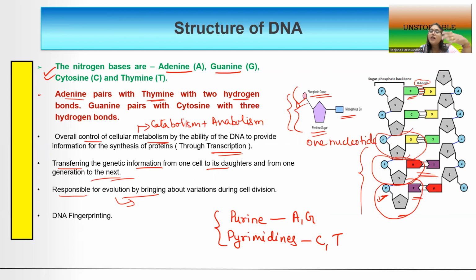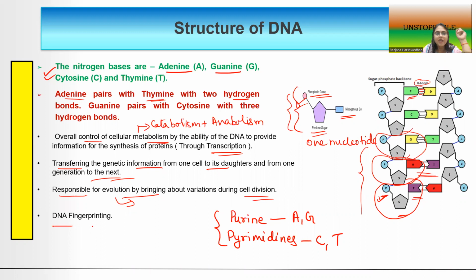It is the changes which you see between one generation and the next in an offspring, in a species or in a population. It is called evolution. So who is responsible for this? It is the DNA which is responsible for these changes in the characters between one generation and the next of a species or a population. That also is brought about by cell division with the help of the DNA. So this also is one of the functions of DNA.